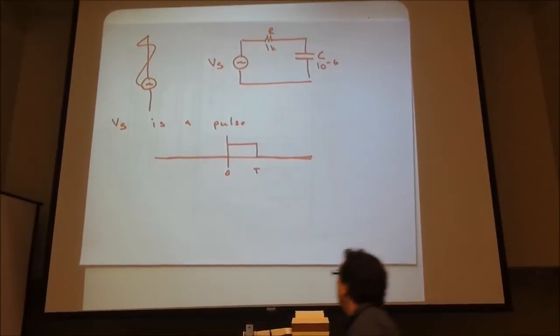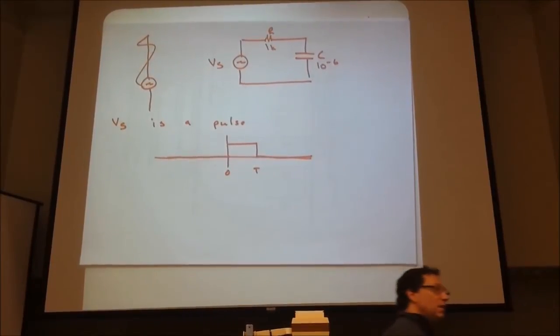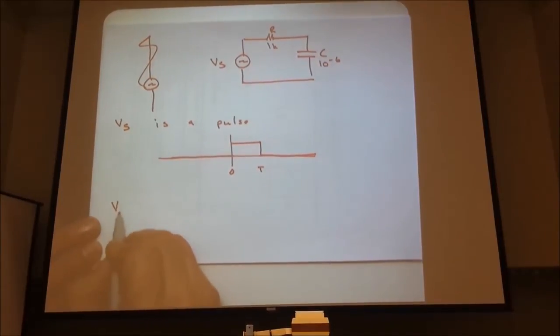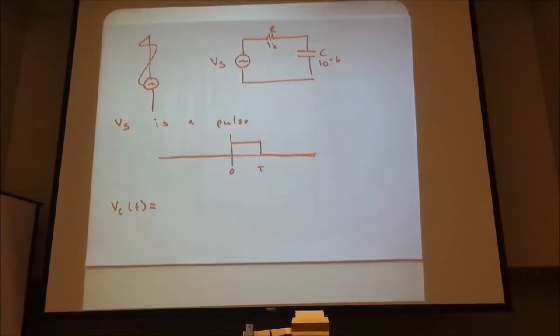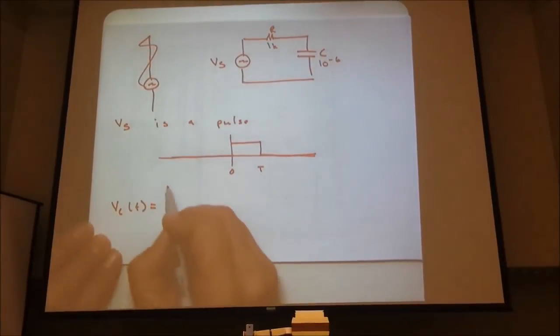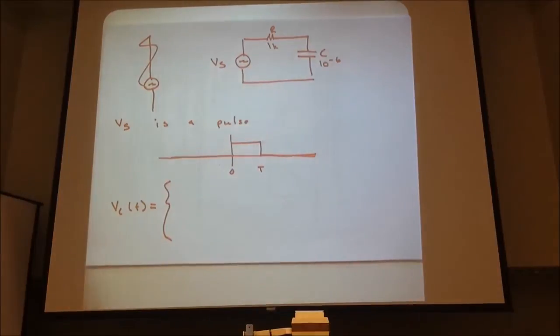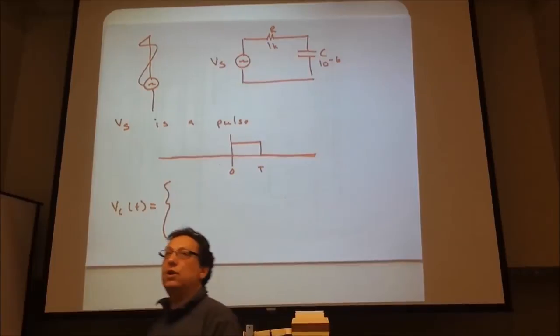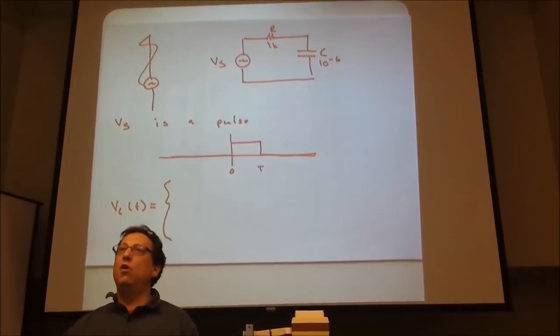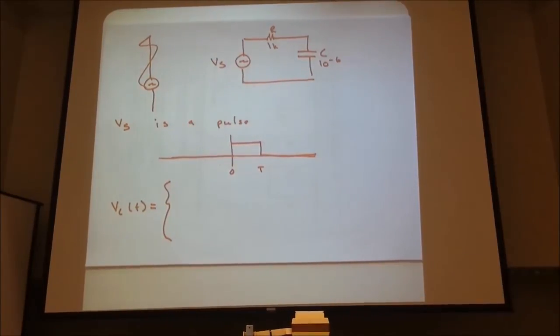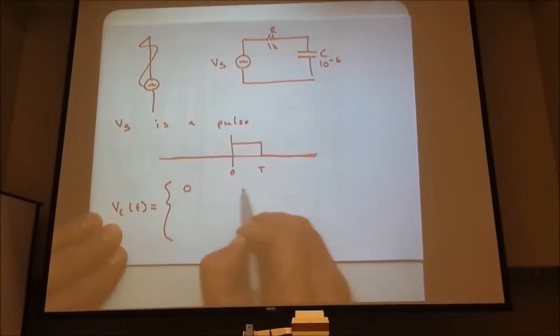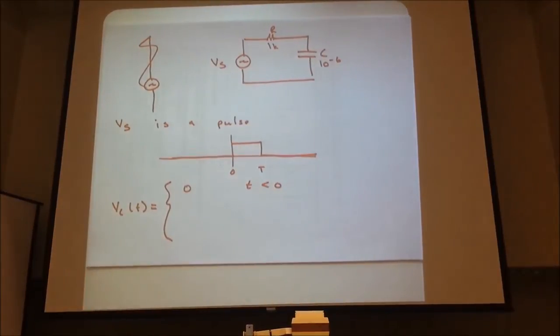As we consider this problem, the very first thing we would do is start to be a little bit more mathematically rigorous. VC of t, as we have some solutions, well, again, we can look at t less than 0. This is a 0 initial condition problem. There was no source term for t less than 0, but to fully specify it, we could say this is 0 for t less than 0.